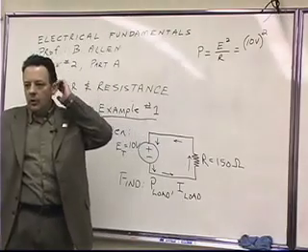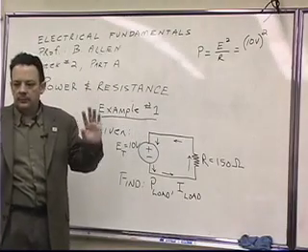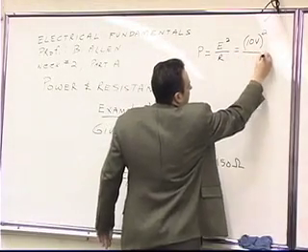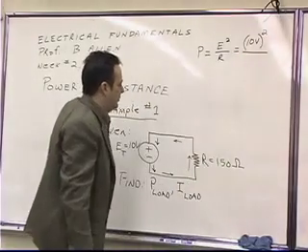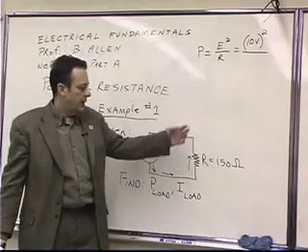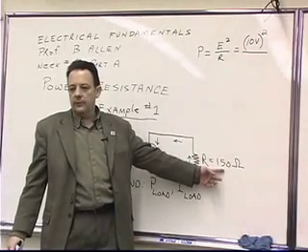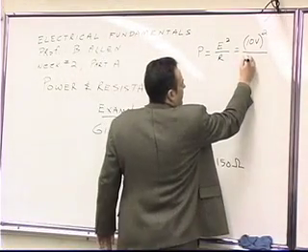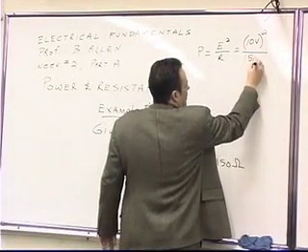That way there's no confusion about what you're doing. Okay? And then obviously we have to divide that by the resistance of the load. And what did we define the resistance of the load to be? 150 ohms. So this is 150 ohms.